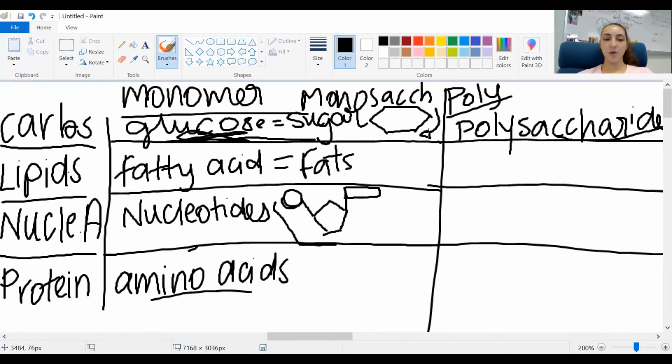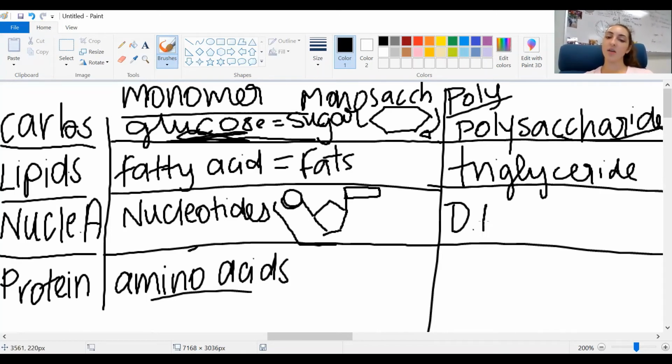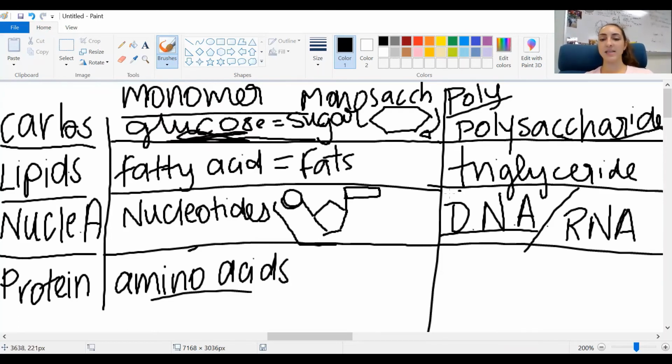Lipids are fats. When you put them all together, we have triglyceride. Whenever you put a bunch of nucleic acids together, you get DNA or RNA, all right? The abbreviation DNA means deoxyribose nucleic acid, and RNA, ribose nucleic acid.